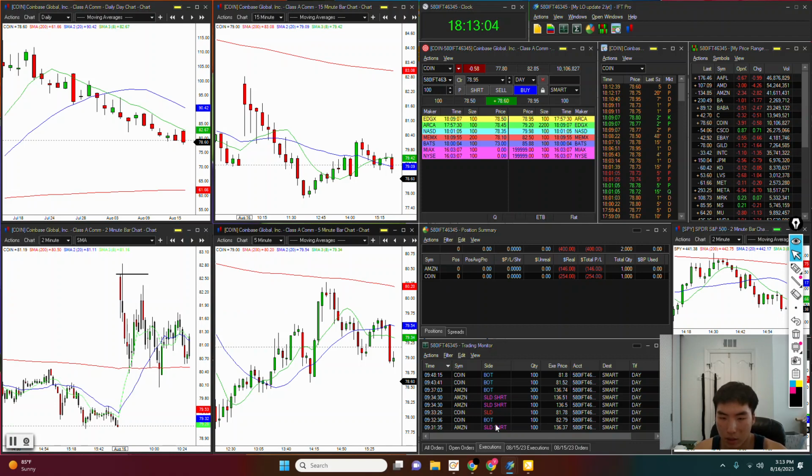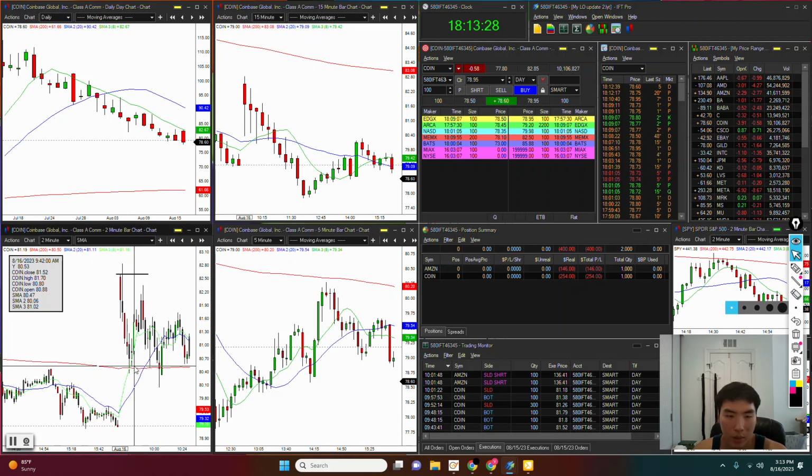Which was, let's see, coin again. So I waited for the pullback on coin, right? Because my entry comes maybe 10 minutes later, 43. But I think I'm also looking at the 5-minute chart.